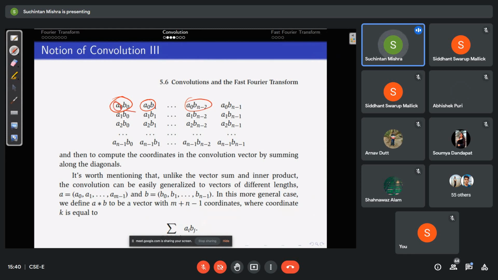So A0 will be multiplied with all elements, A1 will be multiplied with all elements of B, A2 will be multiplied with all elements of B again. For B we have to run an n-1 loop, and for A we have to run an n-1 loop. So definitely the time complexity here will be n squared.